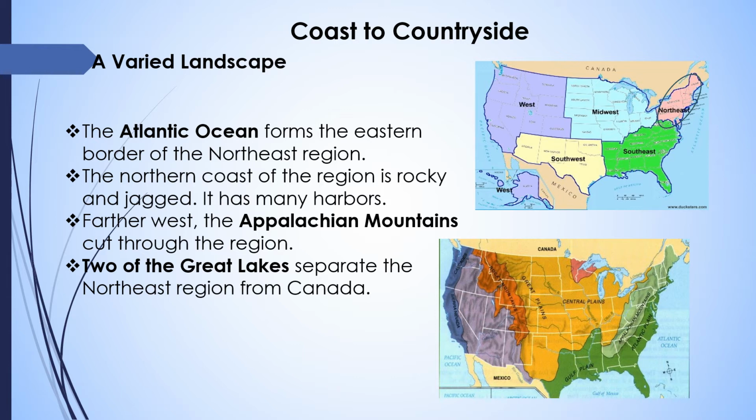In the inland part of this area, you can find green valleys and rolling hills spreading across the land. Farther west, remember the Appalachian Mountains? They cut through the region, and two of the Great Lakes separate the Northeast region from Canada.